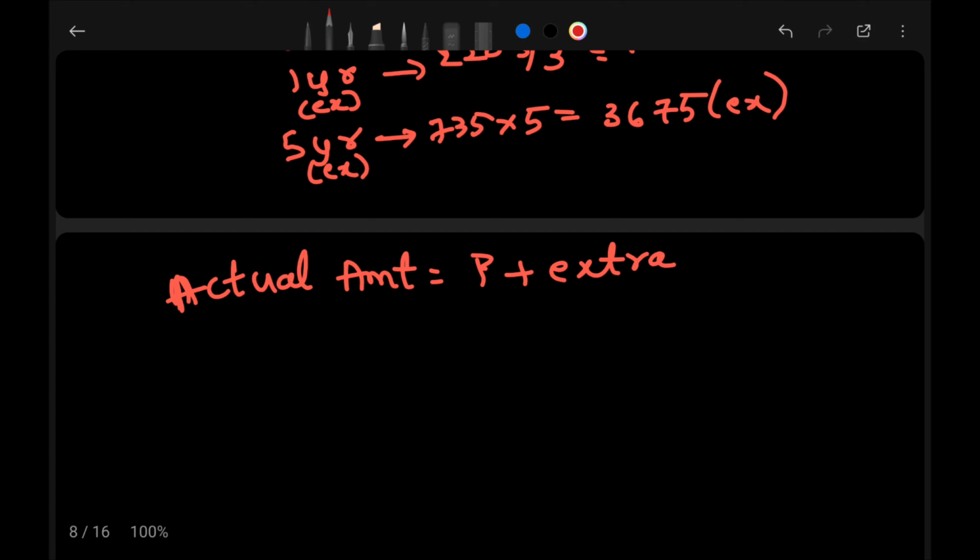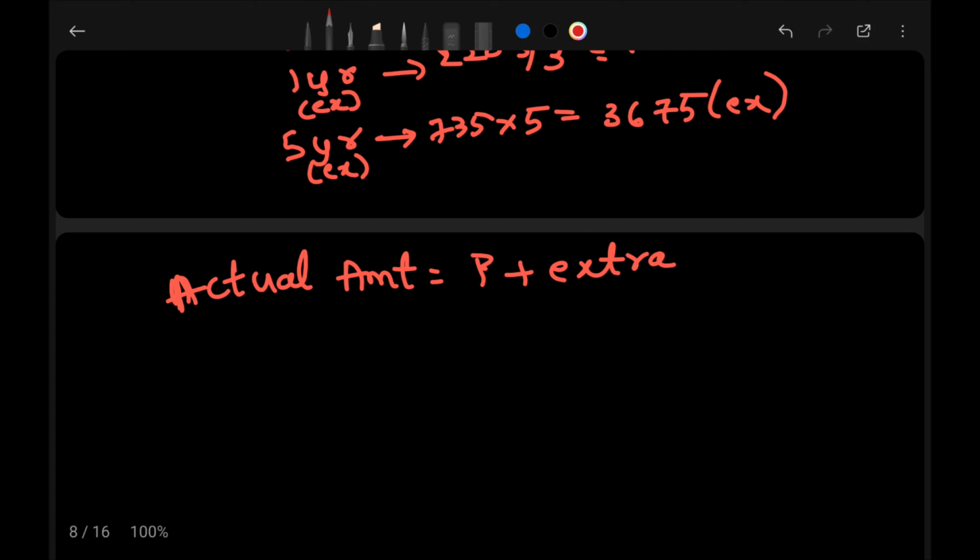Now I got the principal amount. I know time is 5 years. Do I need anything extra here? What I need to calculate is the rate of interest. I even have the interest here, right? Interest is 3675.